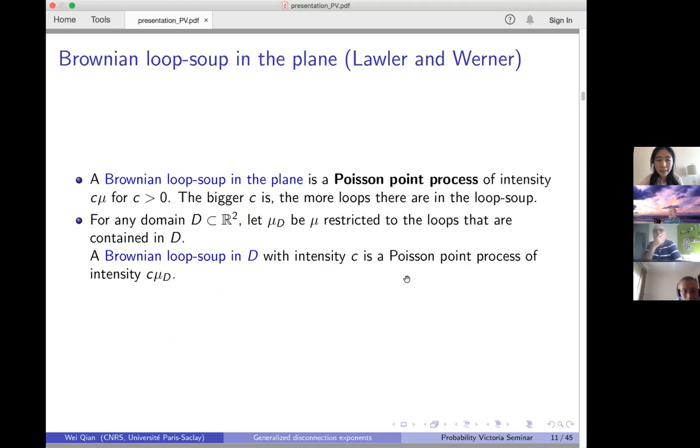And then for any subdomain D of the plane, you can also look at mu_D to be mu restricted to those loops that are contained in D. A Brownian loop soup in D with intensity c is just a Poisson point process of intensity c times mu_D. Or another way to see it is you first sample a Brownian loop soup in the whole plane, and then you only keep those loops that are completely contained in D, then you get a loop soup in D. It's just a restriction.